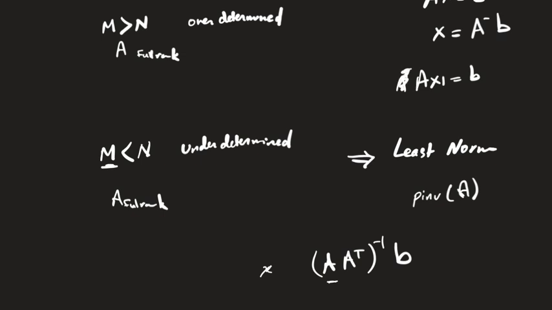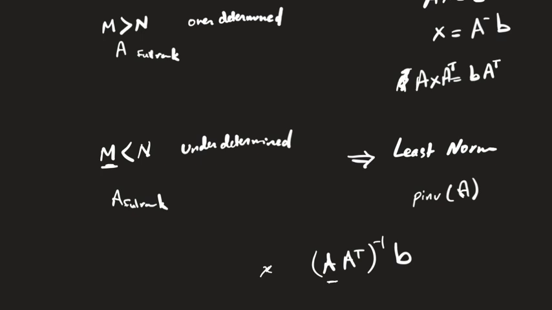We multiply by A transpose here, okay? And this means that you have A transpose here as well. So multiplying, the dimensions are correct in this case, right?